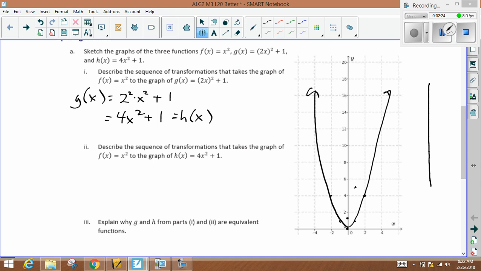I'll just go ahead and draw the table for x and g of x, which is the same thing as h of x. But we'll put g of x. So at 0, we're at 1. At 1, we're at 5. At 2, we are going to be at what? 4 times 4, 16, 17.